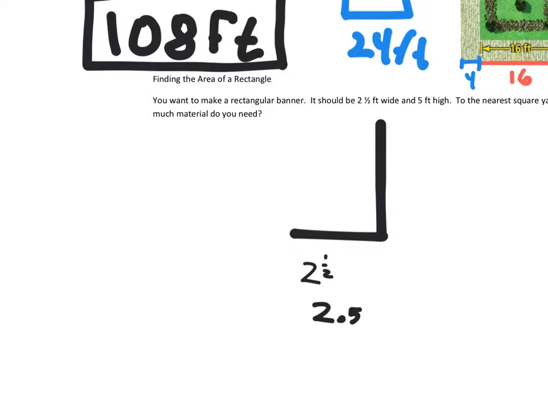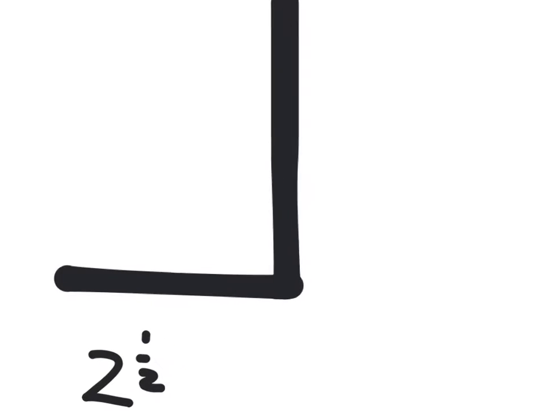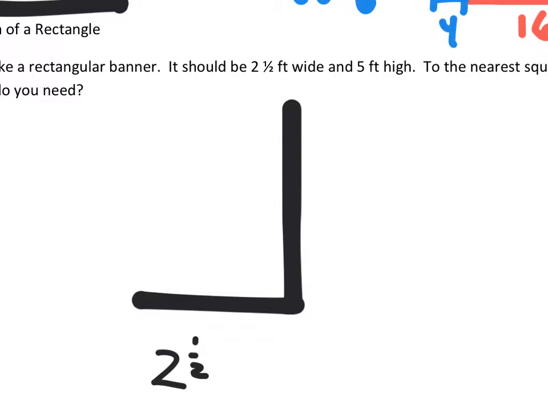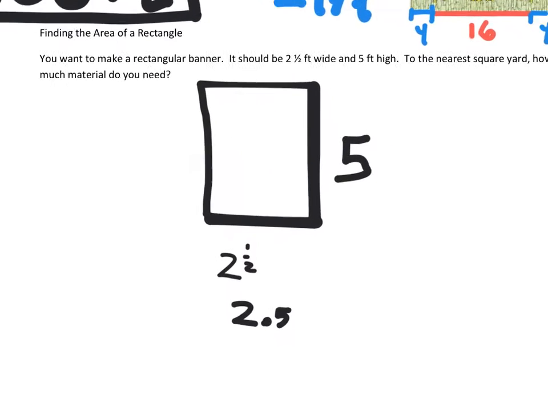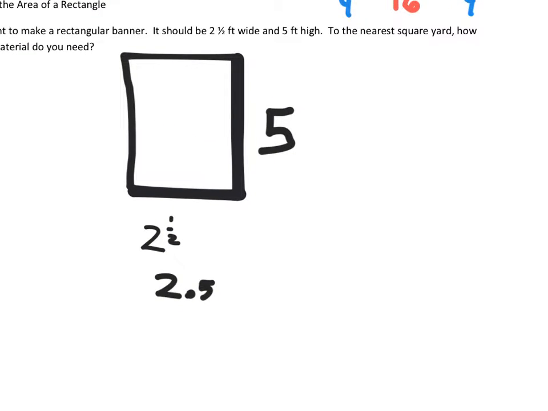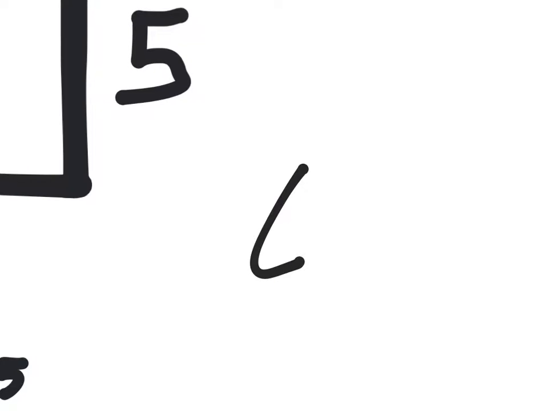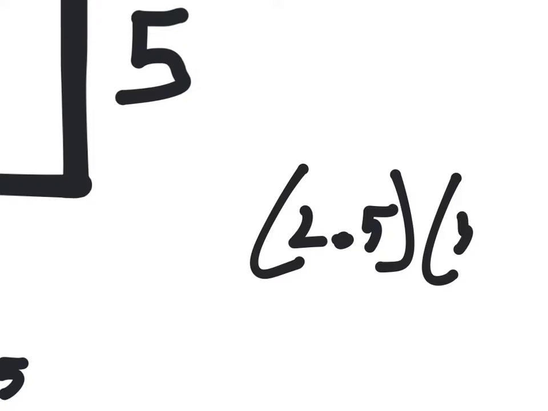All right, so really to encompass this, all we're going to need is this information. I could fill in the rest of my diagram, but the formula is just base times height. So to find the area, well, we've got our 2.5 multiplied by our 5.